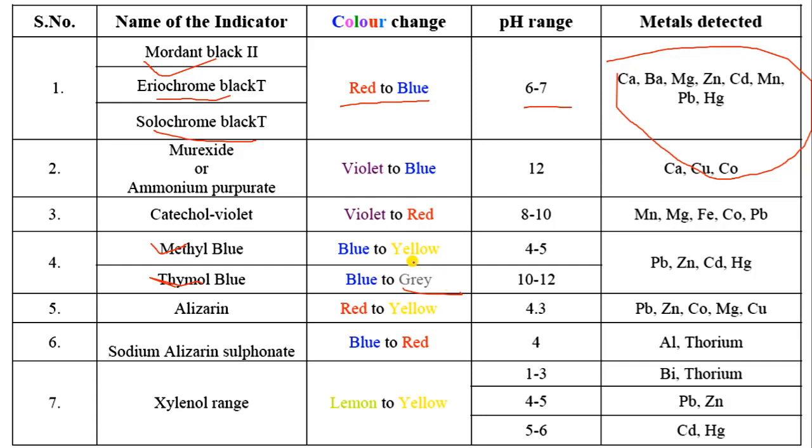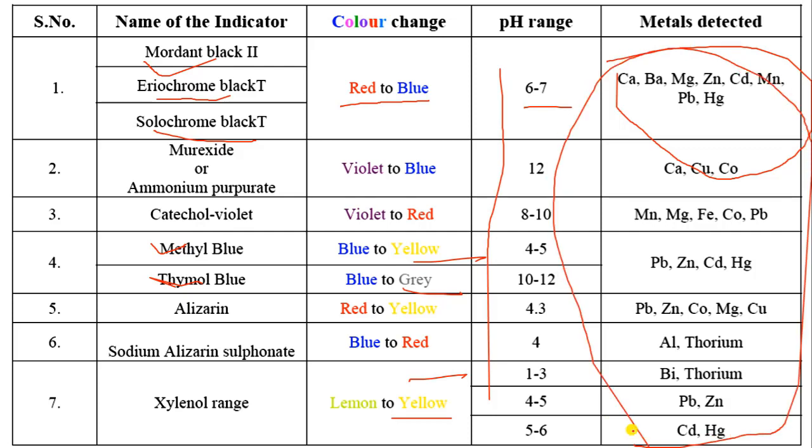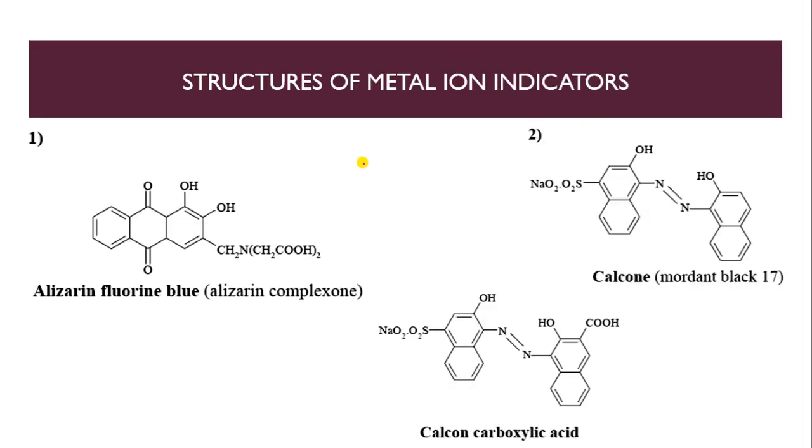These are the final color changes, and we get this color change at this pH. It is very important that you know which kind of analyte we can find using which indicator and what the color change is at the endpoint.